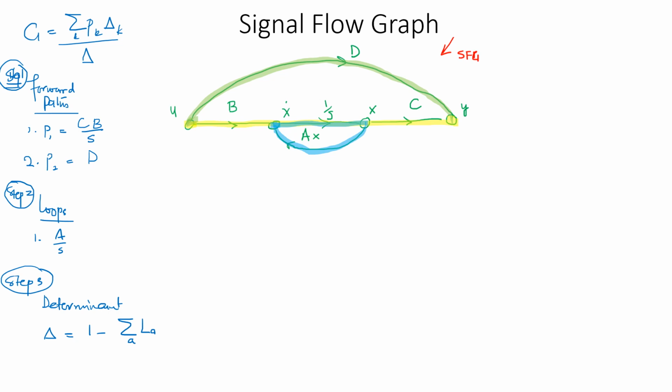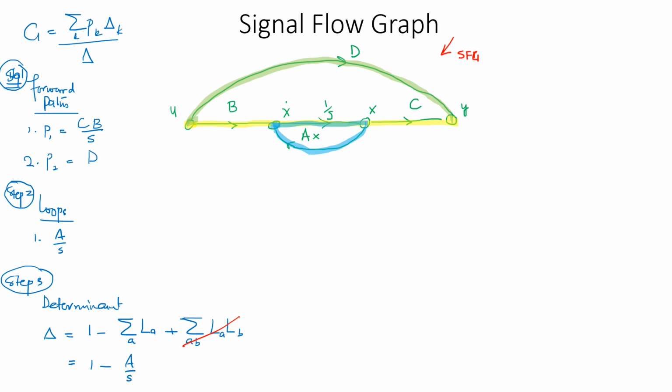In this particular scenario, since there is only one loop, the remaining expression, the sum of all combinations of two non-touching loops, becomes redundant. There is no need for that, so I'm going to cross that one out. Because of the way the diagram is constructed, this is going to be 1 minus the loop gain, which is A over S.